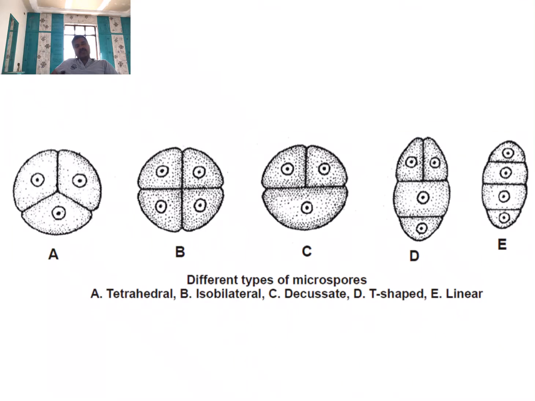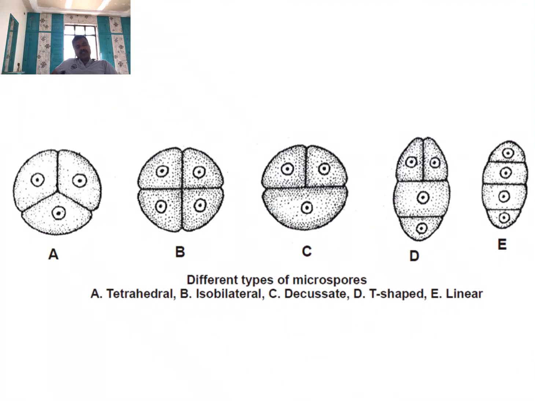This means the two cells on the lower side are joined side by side, and the two cells on the upper side are arranged longitudinally, so the tetrad looks like a T. This is called a T-shaped tetrad. The last one is the linear shape, where the four spores are arranged in a single line, one above the other, and so this is called linear.